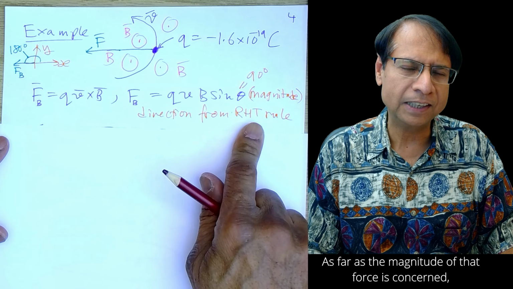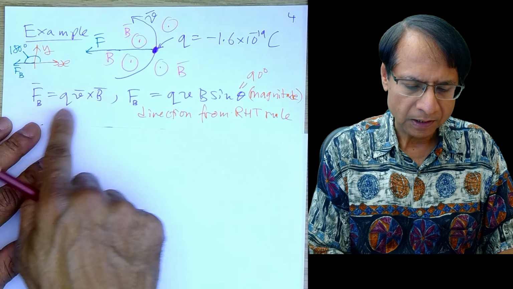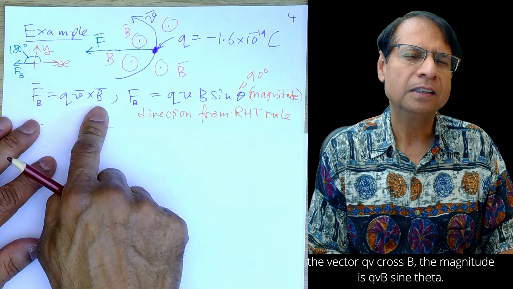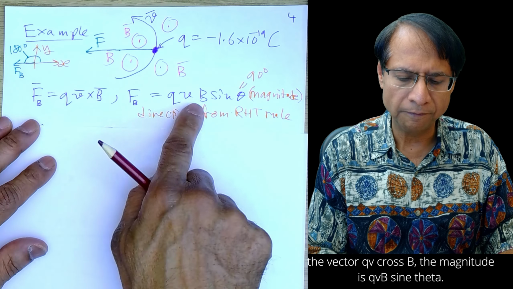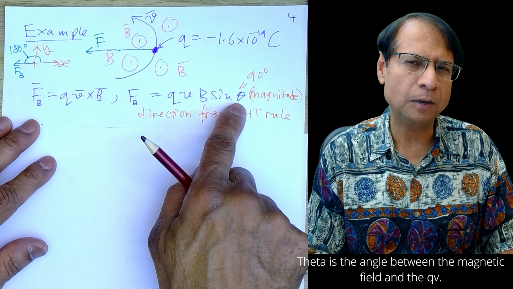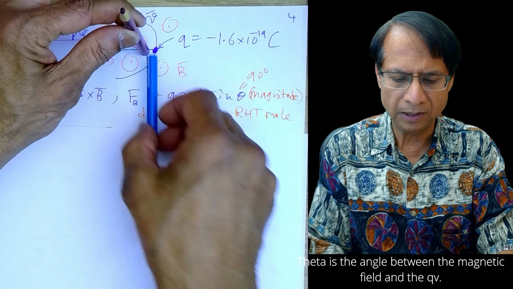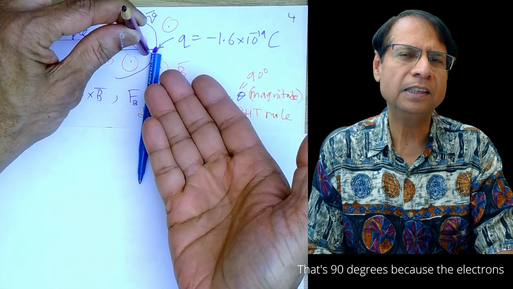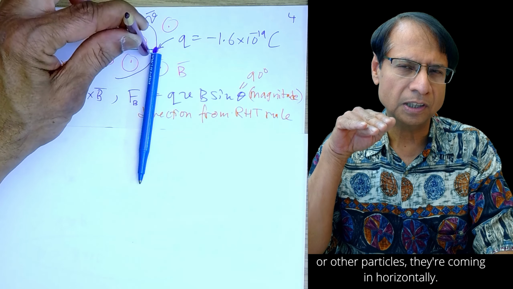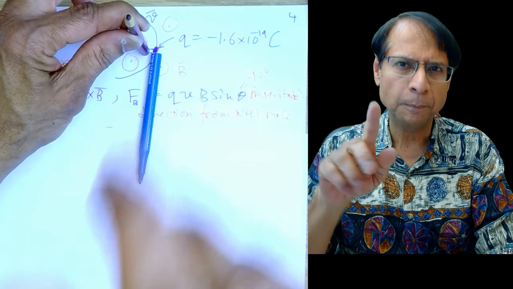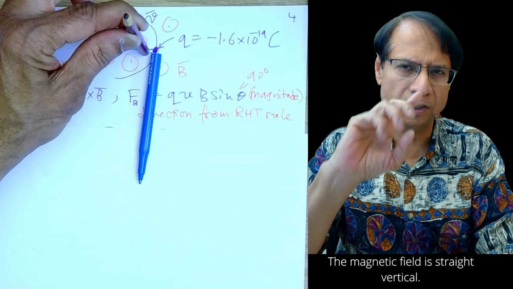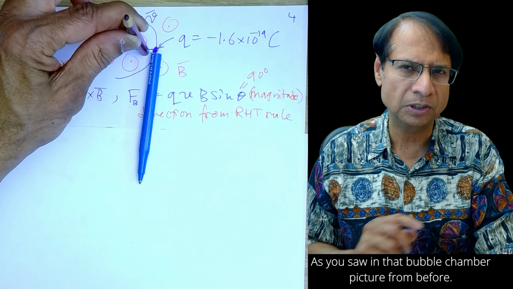As far as the magnitude of that force is concerned, the vector QV cross B, the magnitude is QVB sine theta. Theta is the angle between the magnetic field and the QV. That's 90 degrees because the electrons or other particles are coming in horizontally. The magnetic field is straight vertical, if you saw in that bubble chamber picture from before.